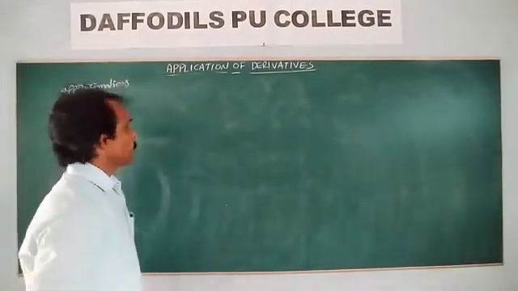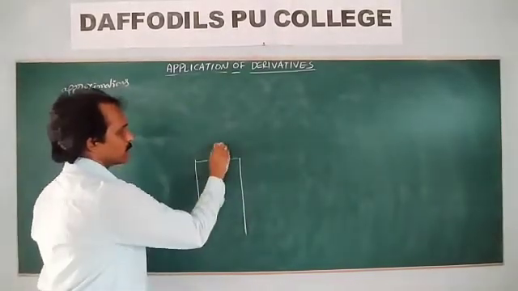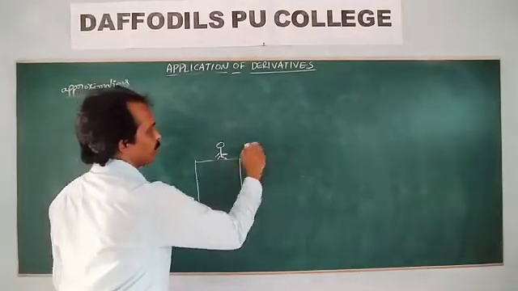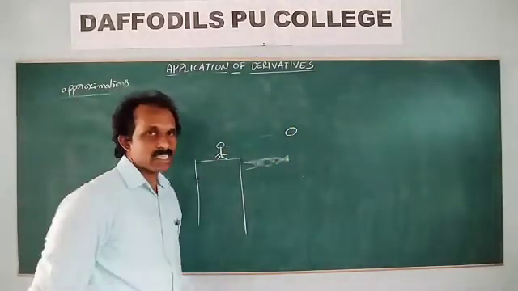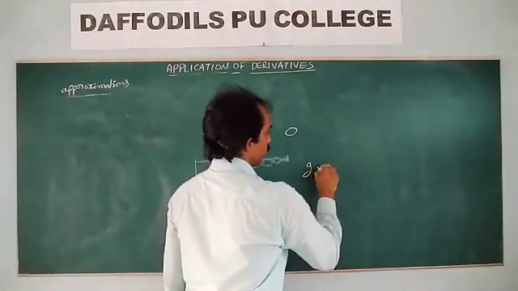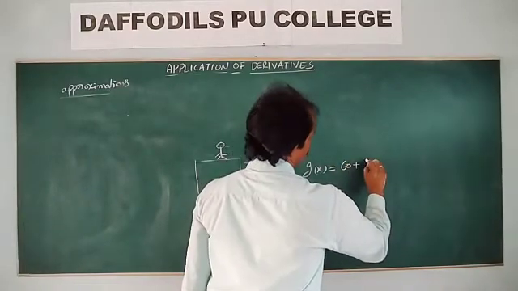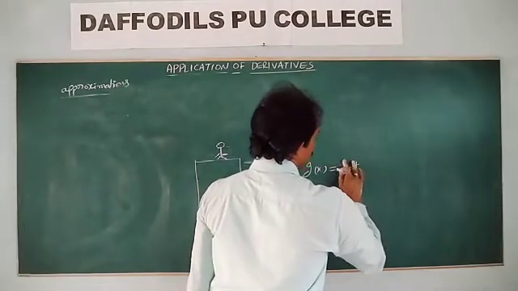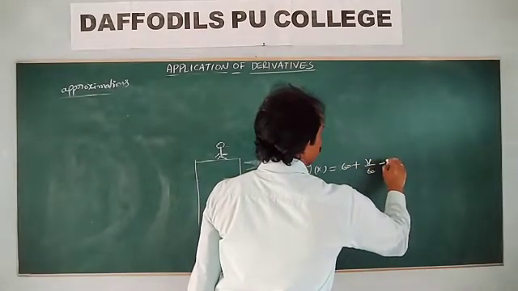in our daily life are tackled by using the maximum and minimum concept. And suppose a person stands 60 meters from a building and throws a ball. For some horizontal distance, the equation is g of x is equal to 60 plus x by 60 minus x square.